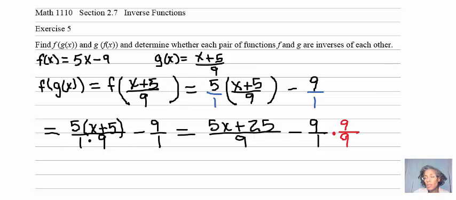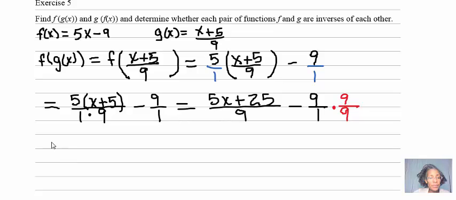So we get 5x plus 25 over 9 minus 81 over 9.